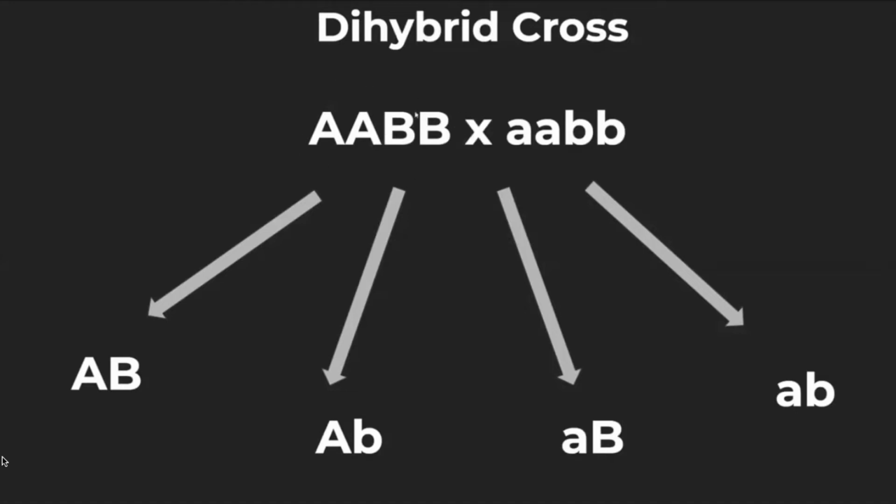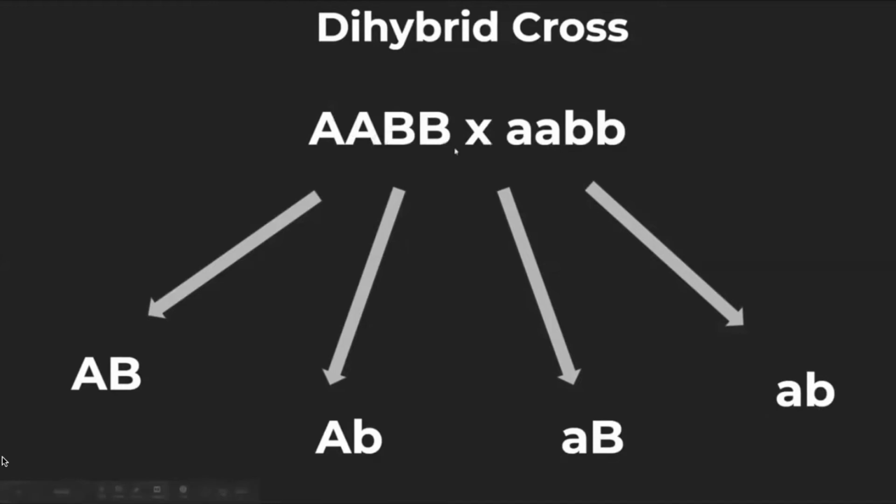If we look at our dominant ones, we can have offspring that may have a big A and a big B in them. And same thing, we can look at ones that are heterozygous with the dominant one being the A, but the B being the recessive one. And we can have it vice versa, where the A is the recessive one and the B is the dominant one, or we could have them showing both recessive.